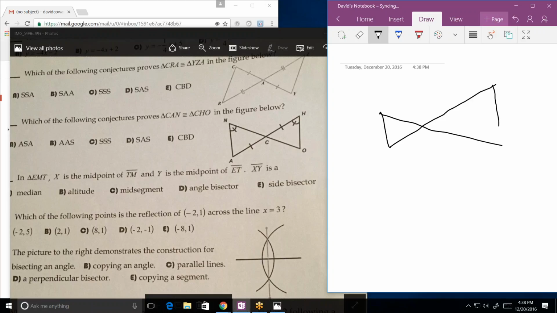Here, clearly, they are not congruent. But they're similar, most likely. They're similar if I say those two lines are parallel. Then I know that has to be equal to that. But if this was a 3, 4, 5 triangle, this could be an 8, 6, 10.